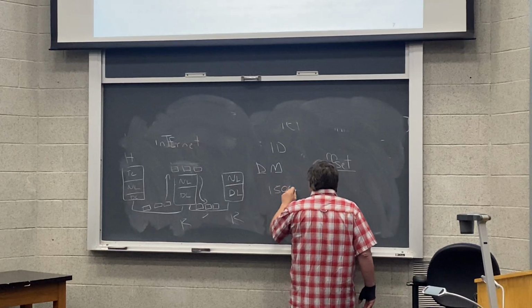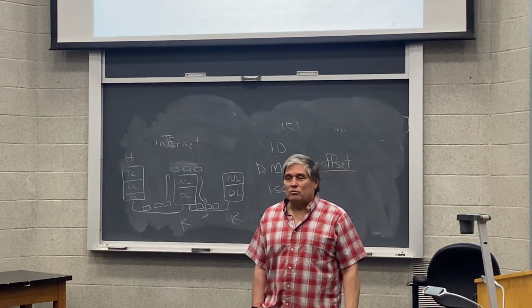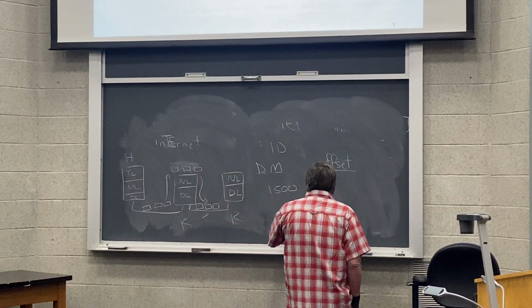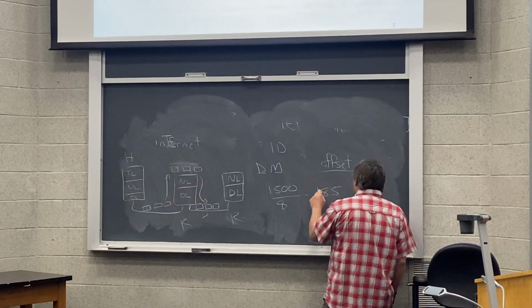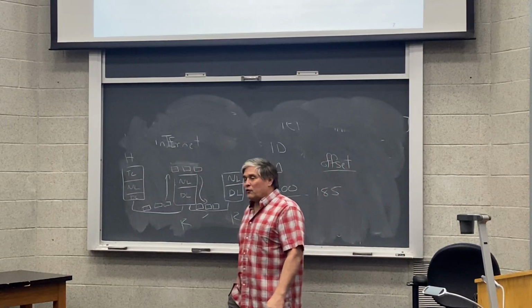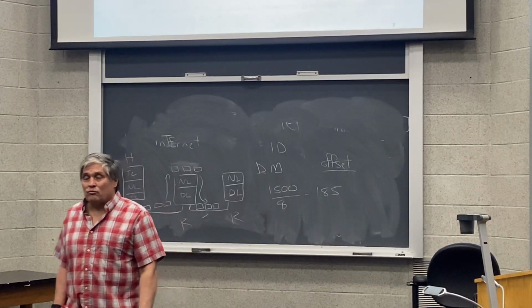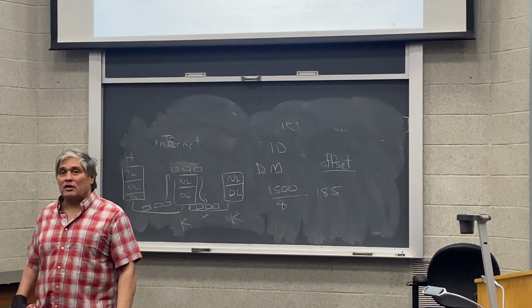So there are 1500 maximum bytes you could put into an Ethernet packet. And if you divide that by 8, you get 185. And so in every Ethernet packet that's a full size, you have 185 fragments, and that's how you can determine the fragment offset.